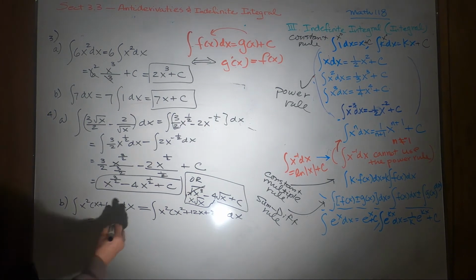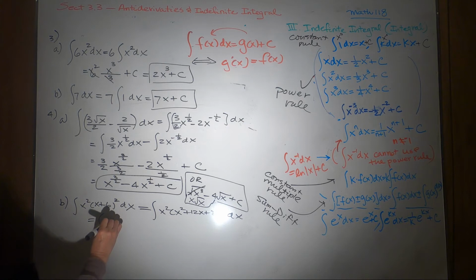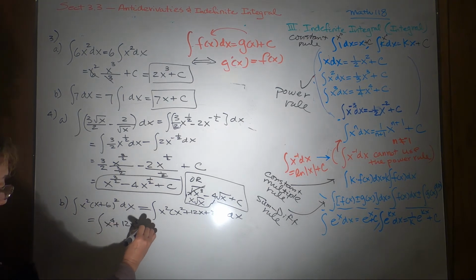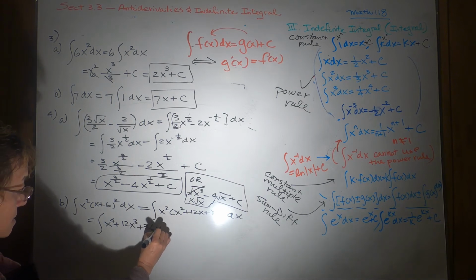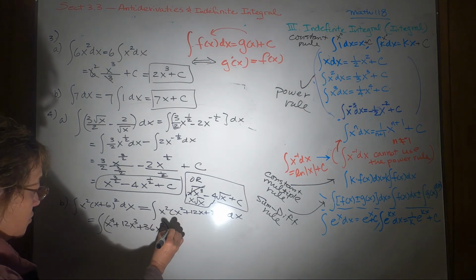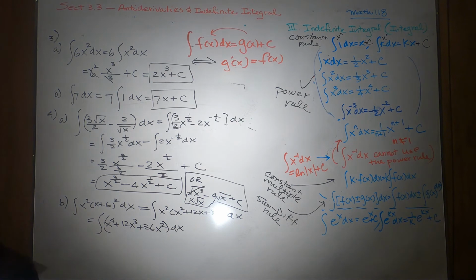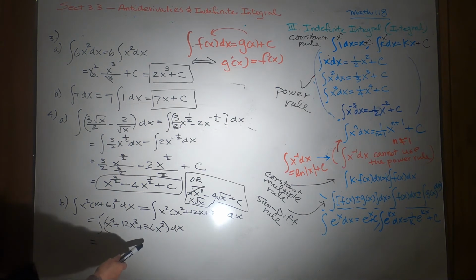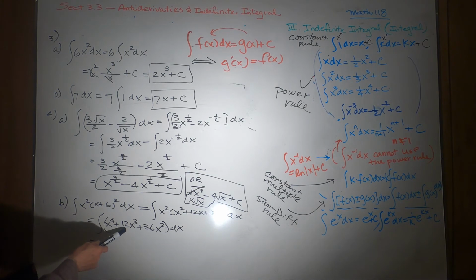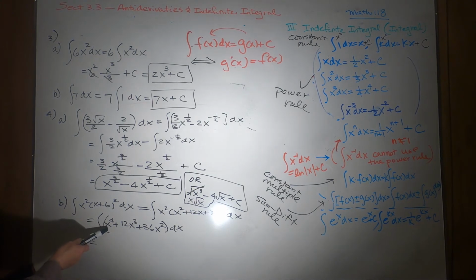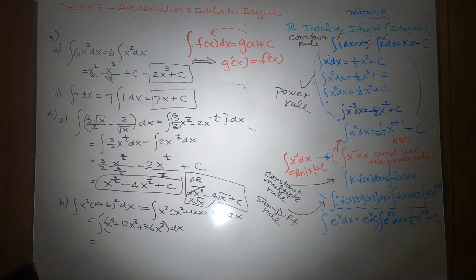Then multiply them out, it becomes x fourth plus 12x cubed plus 36x squared dx. Then we do the sum and difference rule, then the constant multiple rule, then the power rule individually.